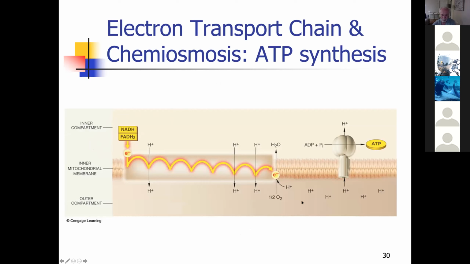And you can see the critical step here is the generation of this proton gradient, and importantly, having oxygen available to be the final acceptor of the electrons that come down the electron transport chain. And the source of the electrons, of course, is the Krebs cycle. Most of them come from the Krebs cycle.